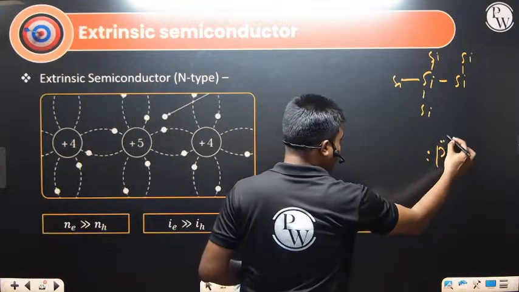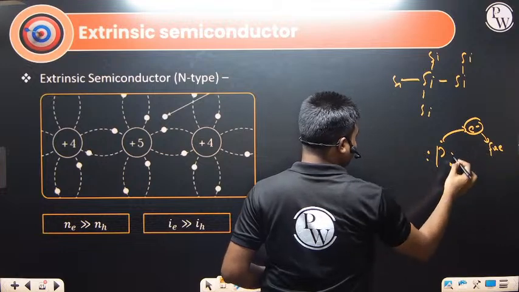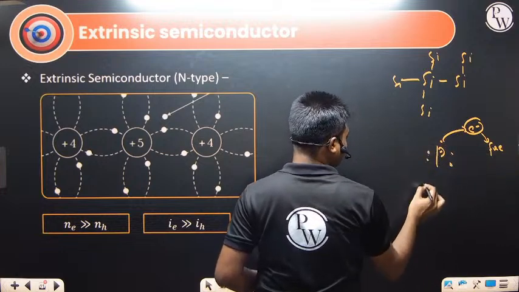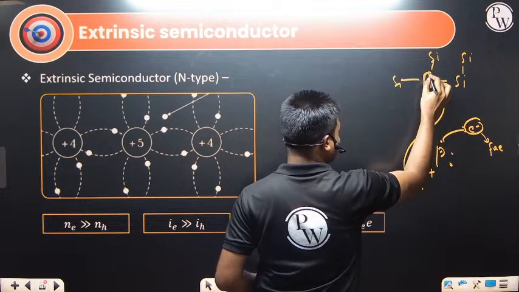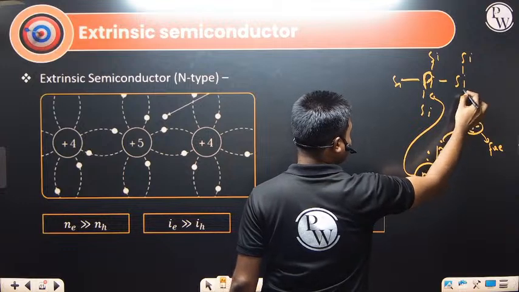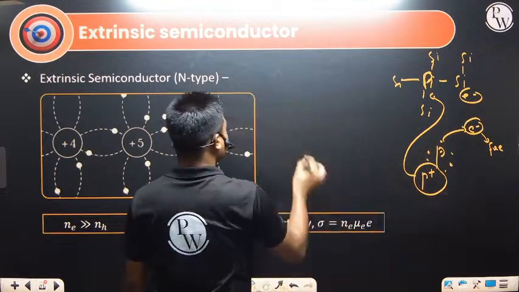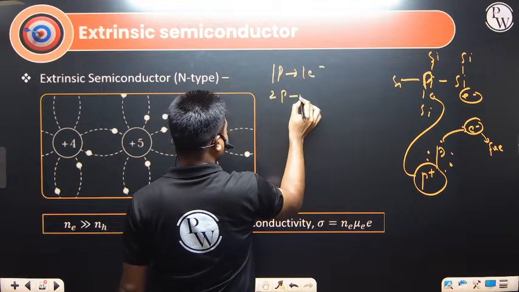So what will happen? It will donate 1 electron, and this electron will become a free electron, and the atom itself will become p plus, and this will go and attack over here, and this will be shifted over here. So 1 phosphorus atom is coming, 1 electron is released. 2 phosphorus atoms will come, 2. So 1 phosphorus atom will give 1 electron. 2 phosphorus atoms will give 2 electrons.